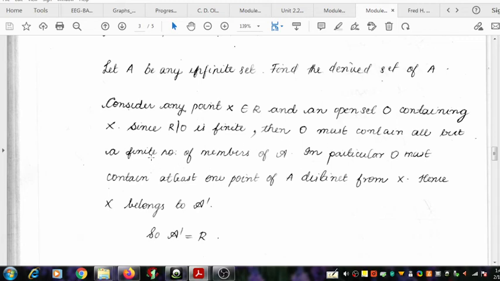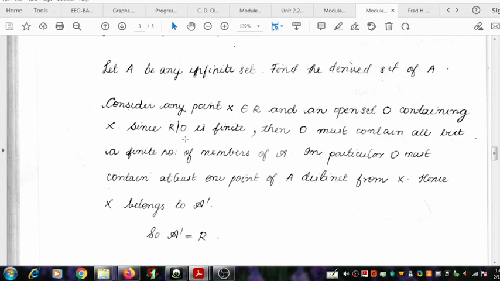But according to the definition of the finite complement topology, since O is a member of the topology, R minus O is finite.